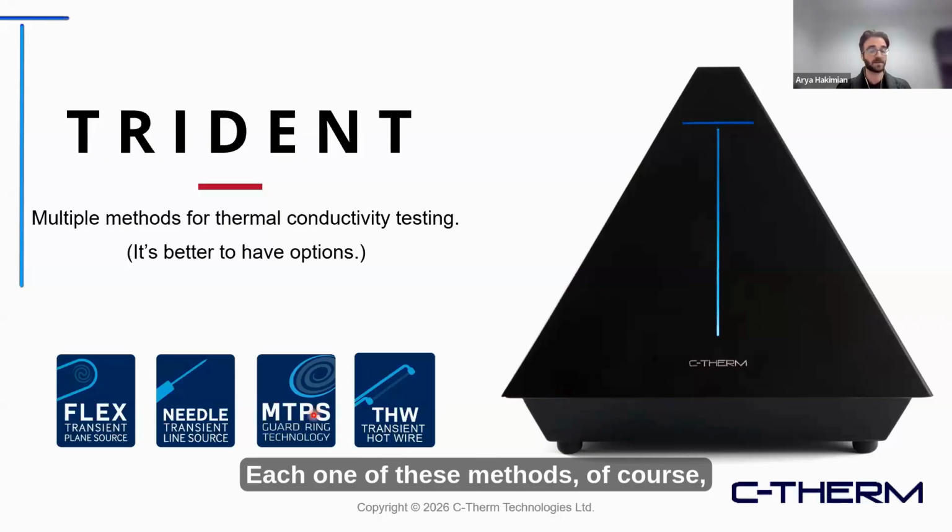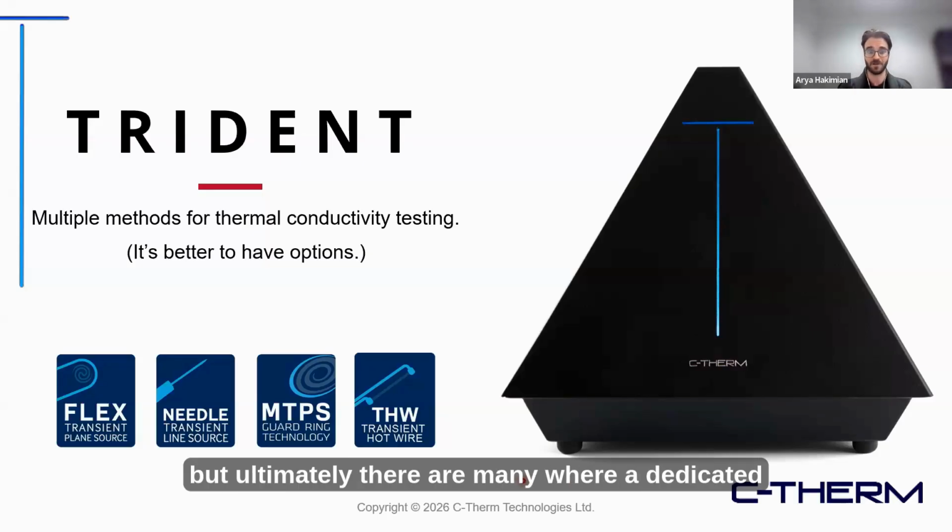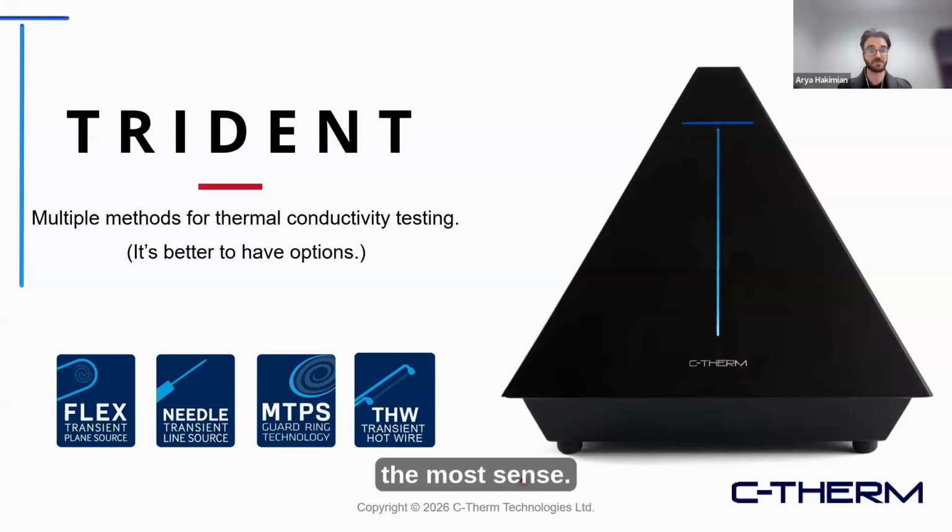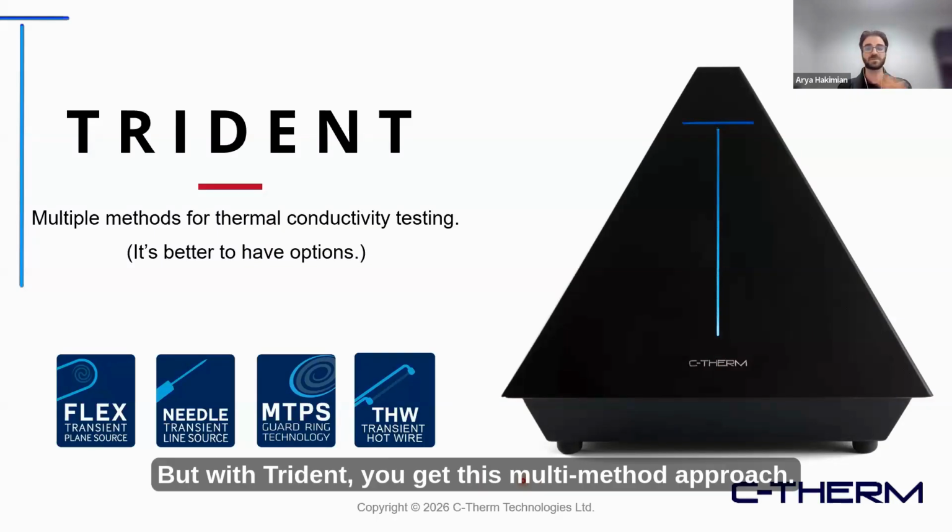Each one of these methods is designed to address specific samples or certain testing conditions of interest. You will see as we go through that there are certainly areas where more than one method is appropriate, but ultimately there are many where a dedicated approach really makes the most sense. With Trident, you get this multi-method approach.